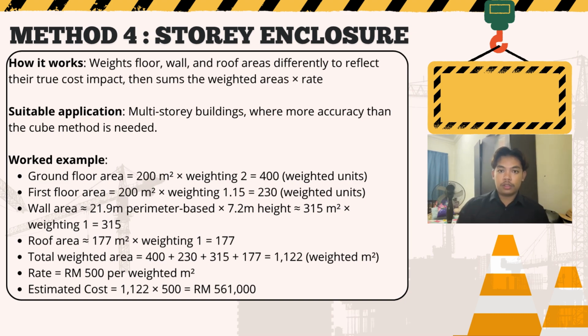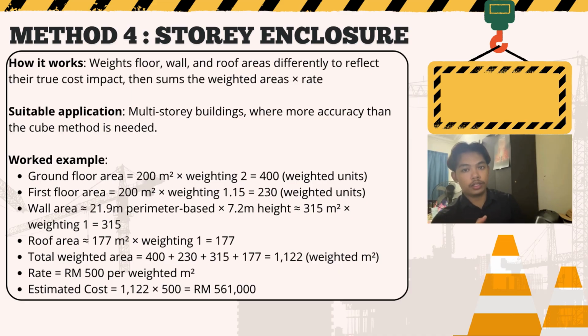For example, the ground floor area of 200 square meters is weighted by 2, giving it 400, and the first floor of 200 square meters is weighted by 1.5, giving 300. The wall area of about 315 square meters and the roof area of about 177 square meters are both weighted by 1.